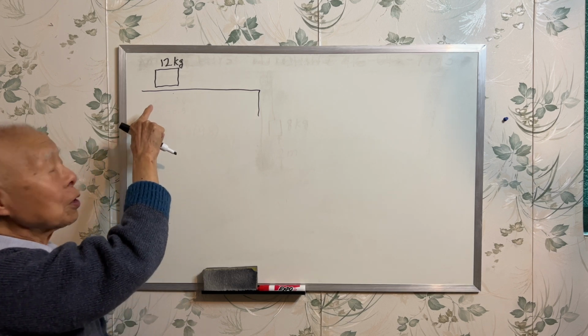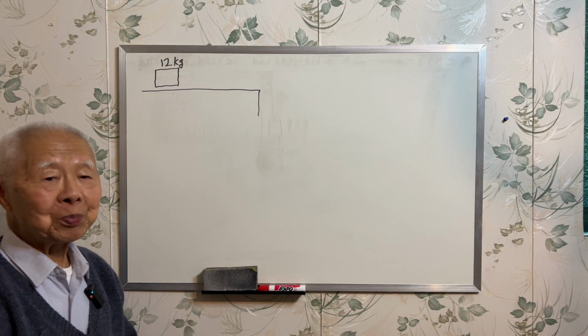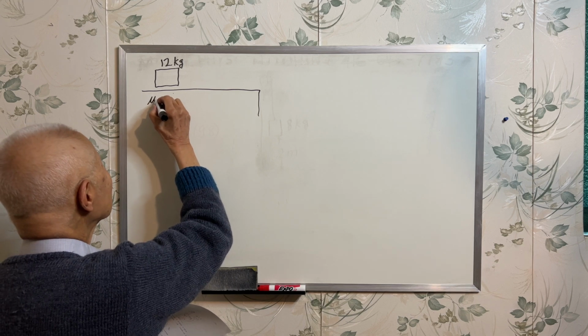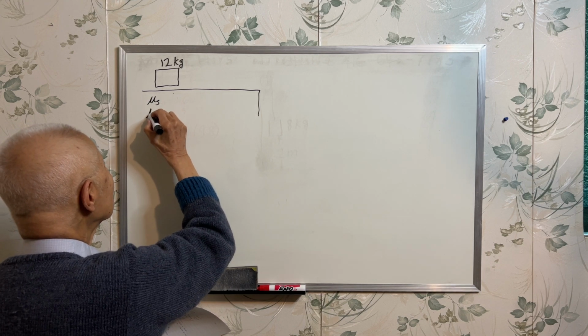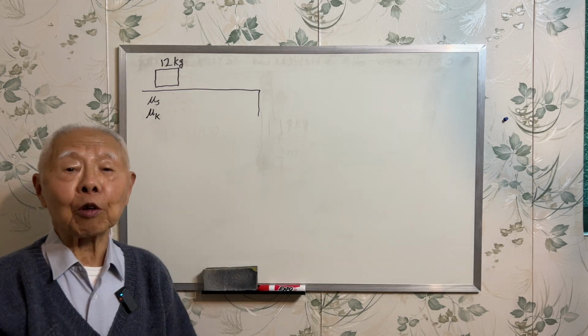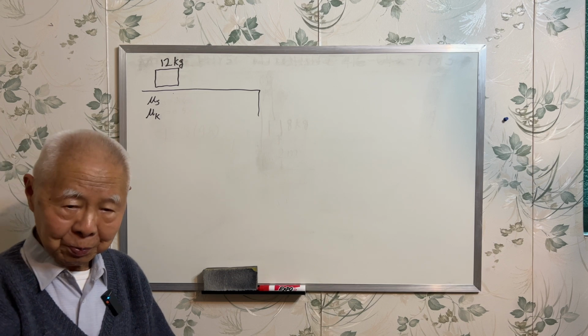And between the tabletop and the mass, there is friction. There are two kinds of friction, static friction and kinetic friction.